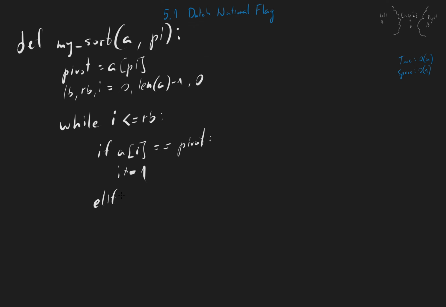If current number is smaller than the pivot, we need to swap the I and left boundary, and we can increment both I and left boundary.